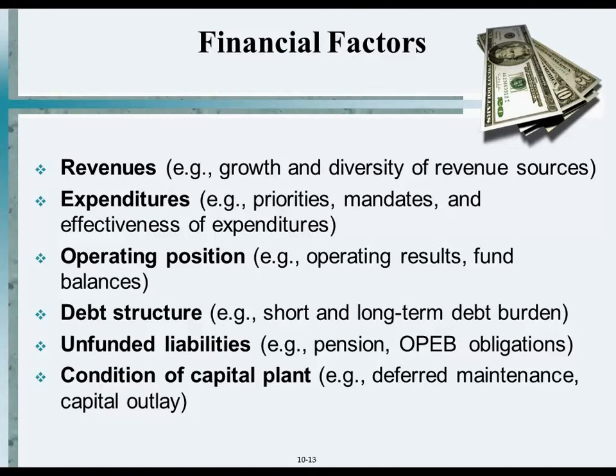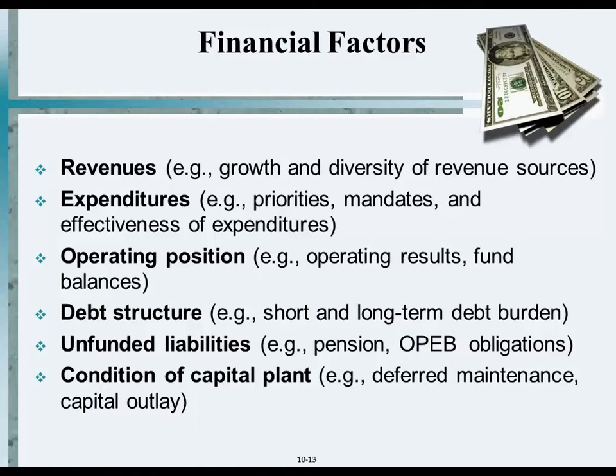What do you think it should be? 3 months, 6 months, 9 months, or a year? What would you pick? How many pick 1 year? How many pick 9 months? 6 months? 3 months? And the rest are on strike. Okay. All right. But usually it's a number between 3 and 6 months. And the reason is it's a rainy day fund.